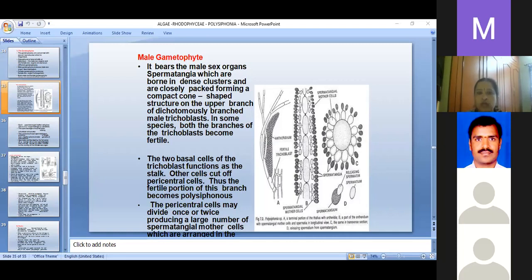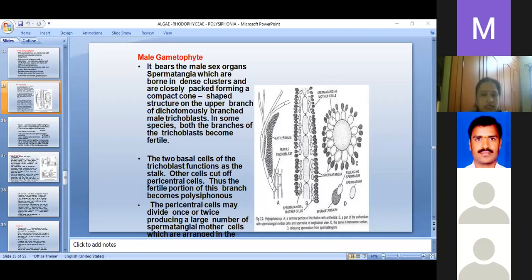Female trichoblast initials arise from the central siphon. You know what is the siphon, how the siphon is formed; in yesterday's class I explained. These female trichoblast initials arise from the central siphon, 3 to 4 cells behind the apical cells.